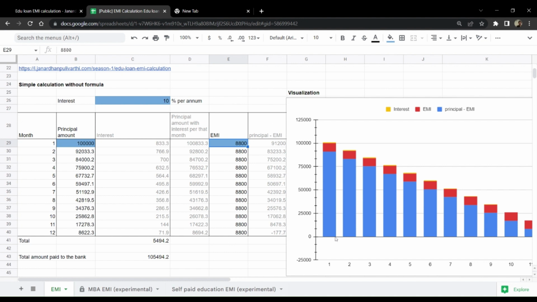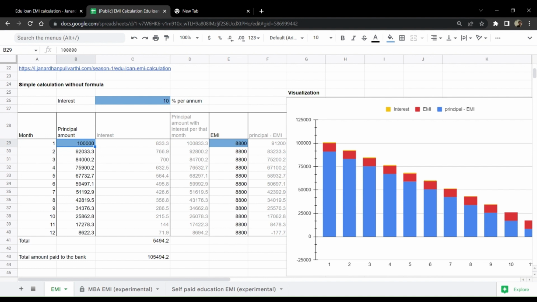After the first month, here is the first installment we are paying. It is not going to be 1 lakh, because when the bank gave us the money, after 1 month the bank starts to collect the money.